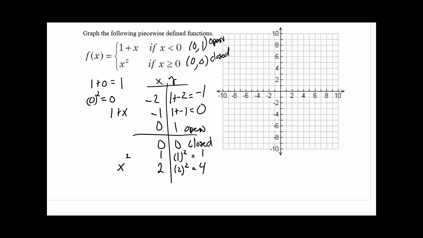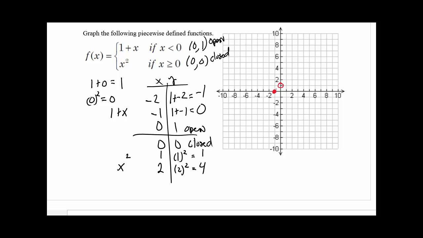Okay, so then I'm going to plot points, and I'm going to connect all the points that are from the same equation together. I'm going to start with that open one. So it's open at 0, 1 right there. And then at -1, 0. It's only open at that one point.